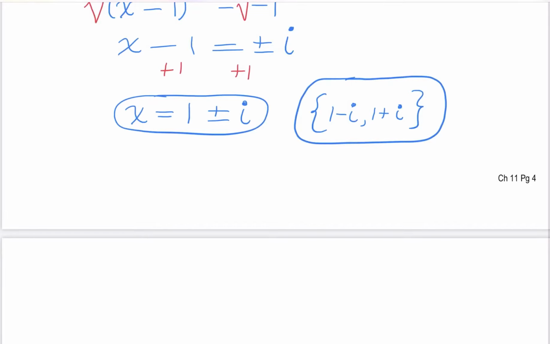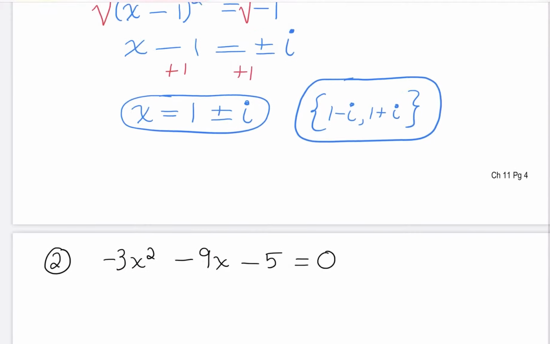We are going to do one more example with solving an equation by the completing the square process. So number 2, suppose we have negative 3x squared minus 9x minus 5 equals 0.